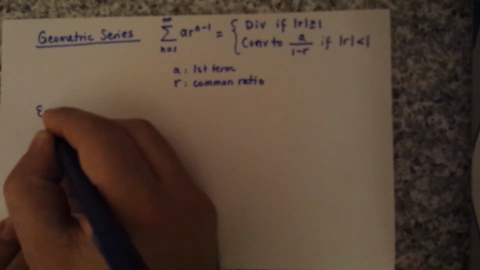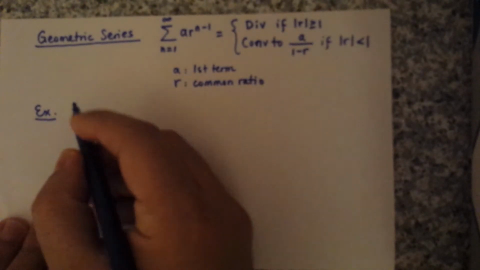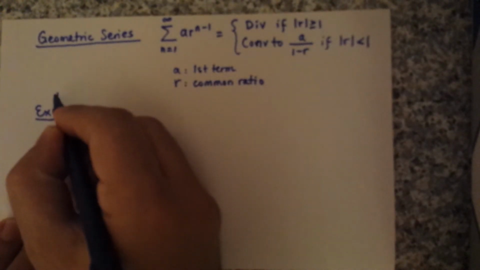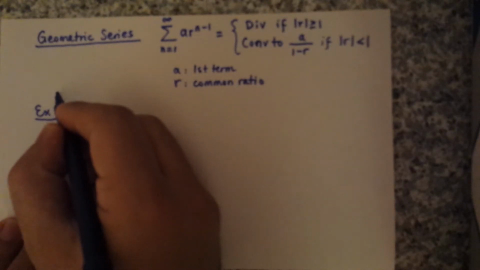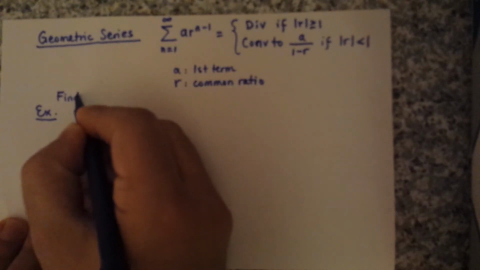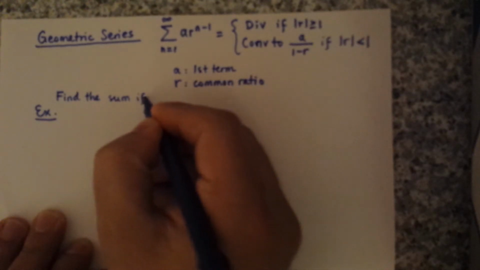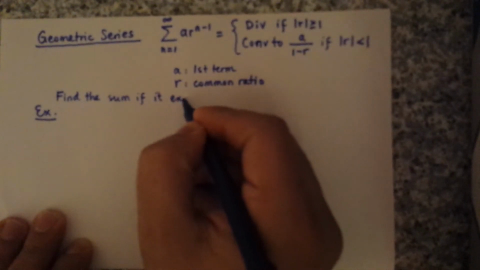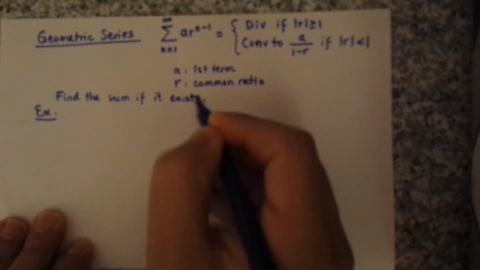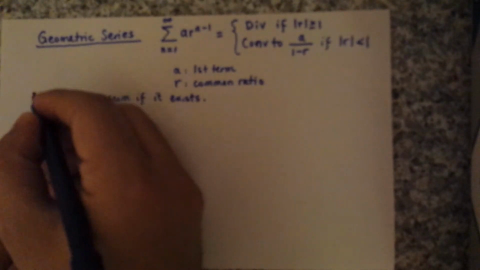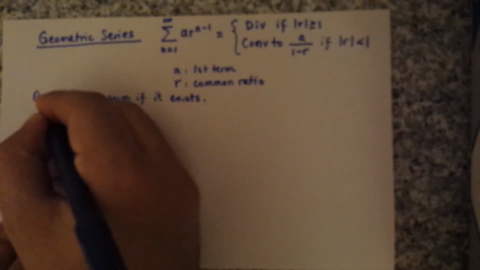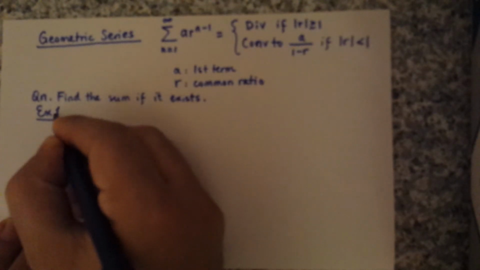And the first example, let's just say, find the sum if it exists. So this is, let's say, the question, and this is example 1.